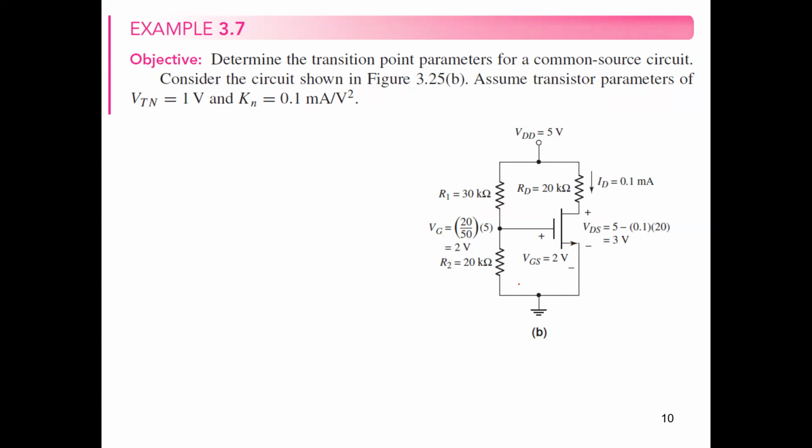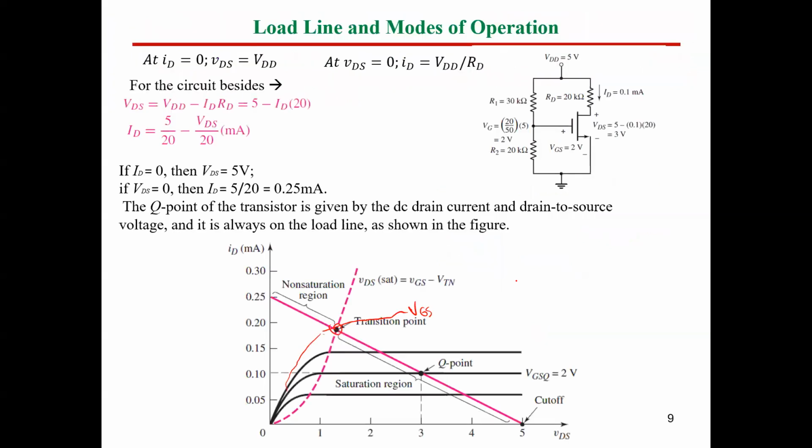In order to calculate the relation or get these points, we can substitute either in the ID equation in saturation or non-saturation mode. Because as we can see here, this point, guys, can be the start of the line in saturation mode or the end of non-saturation mode.